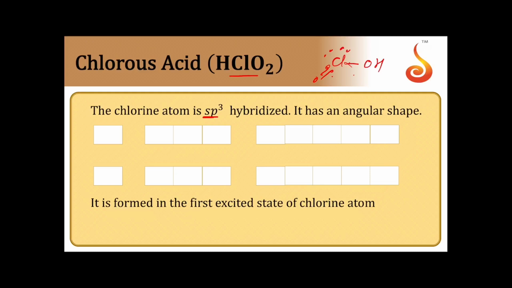When you take the ground state configuration, it is 3s2, 3p5. So in the ground state, it can form only one covalent bond. But here in the molecule there are three covalent bonds, so it must undergo excitation. One of the p electrons moves to the d orbital.